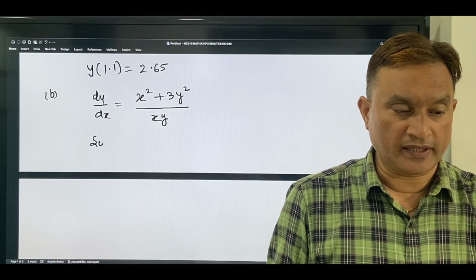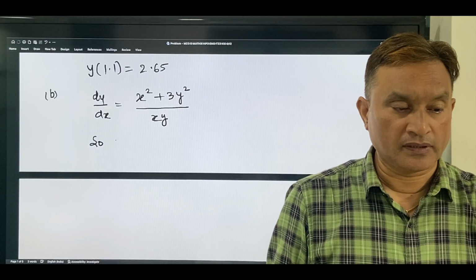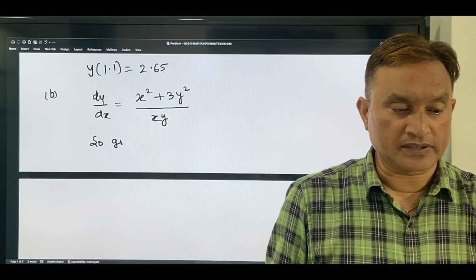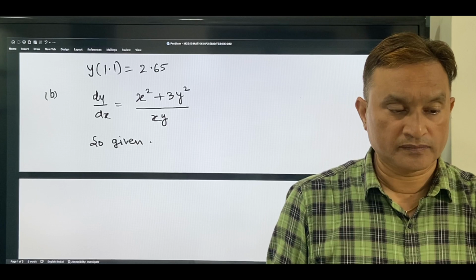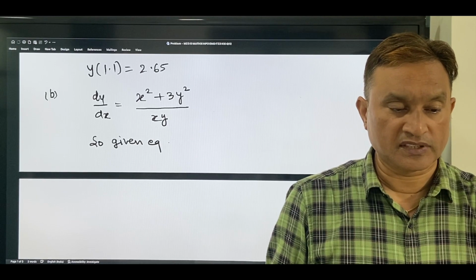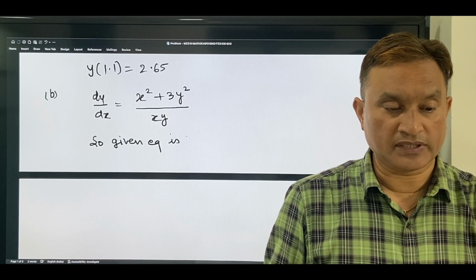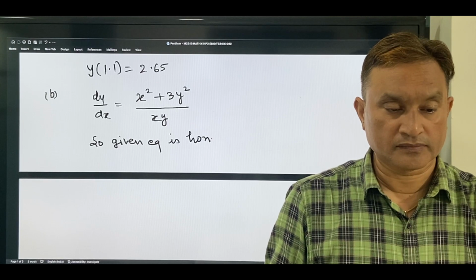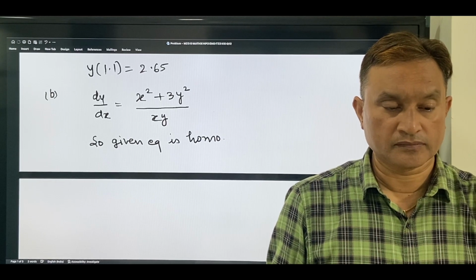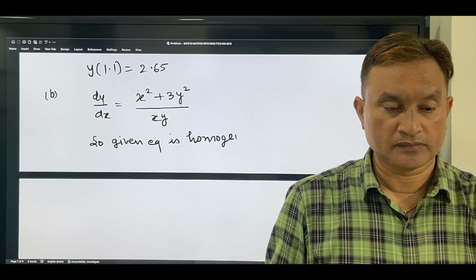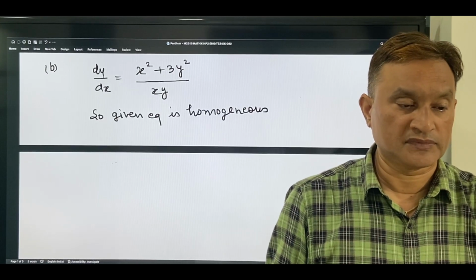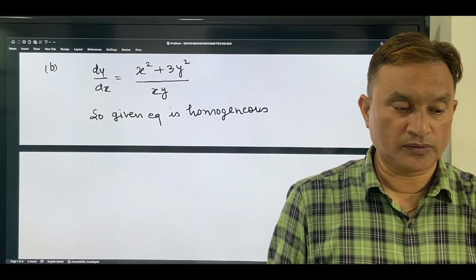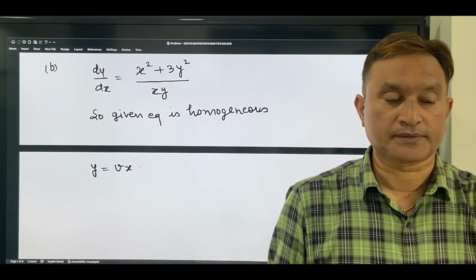So we can write, given equation is homogeneous, so we will be using the method y equals vx.